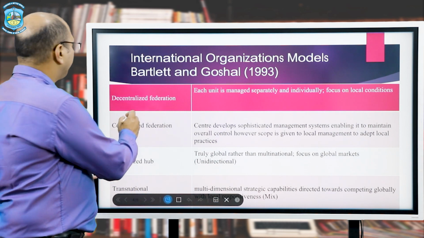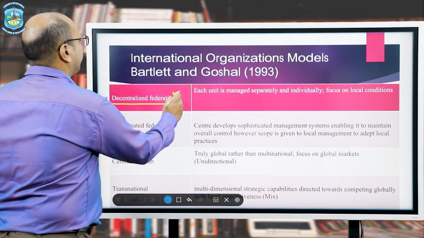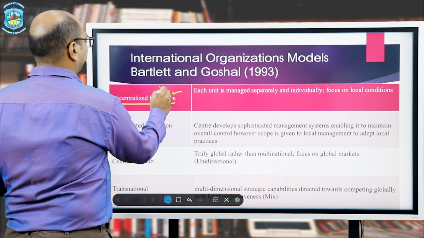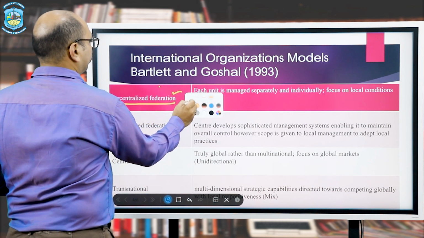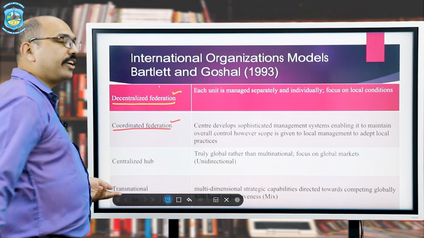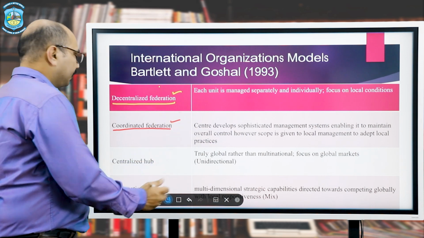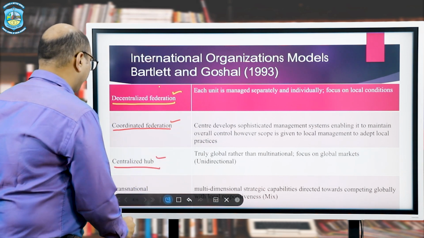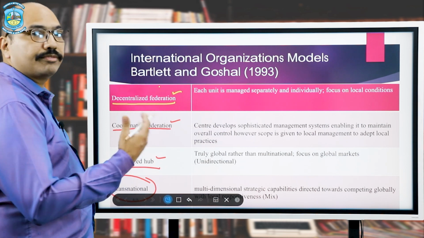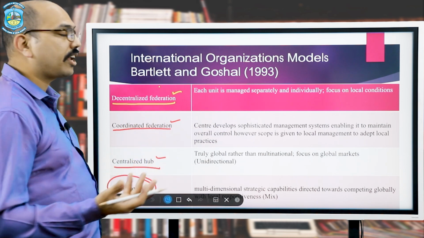First is decentralized federation. Second is coordinated federation. Third is centralized hub, and fourth is transnational model. What are these 4 different models? First is decentralized federation.